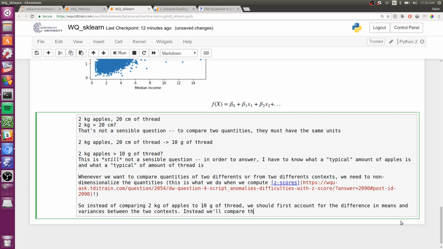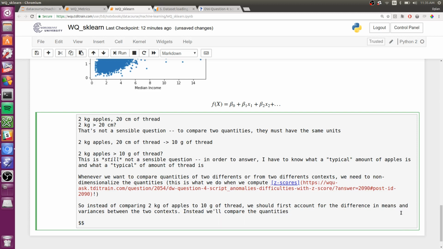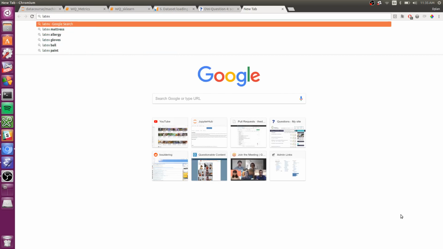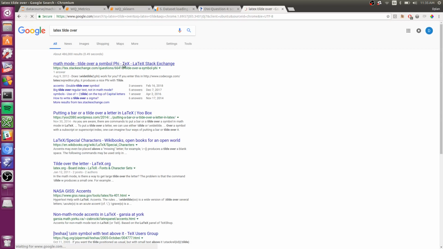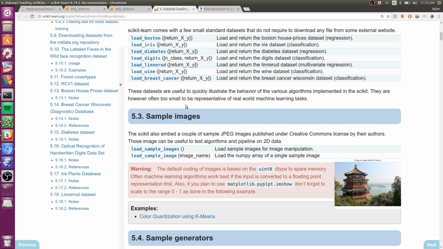Instead, we'll compare the quantities with a wide tilde.